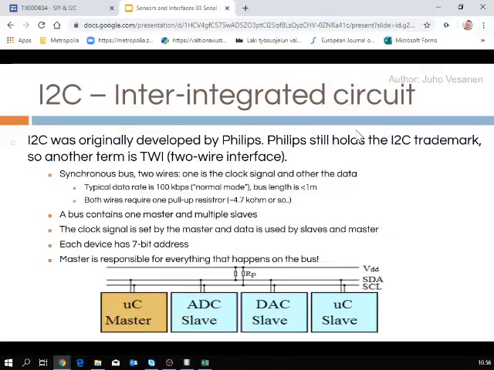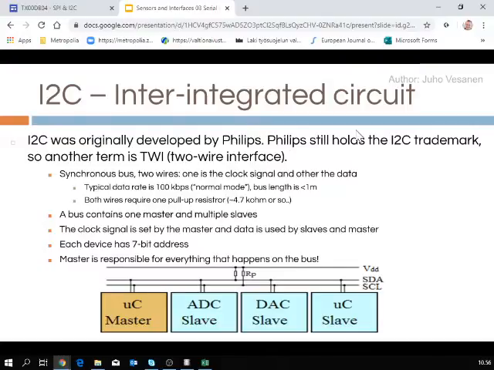A bus contains 1 master and multiple slaves, up to 127 slaves, which is a lot of devices on 1 circuit board. The design is such that it should not be used between separate devices unless they are on the same circuit board. Okay.